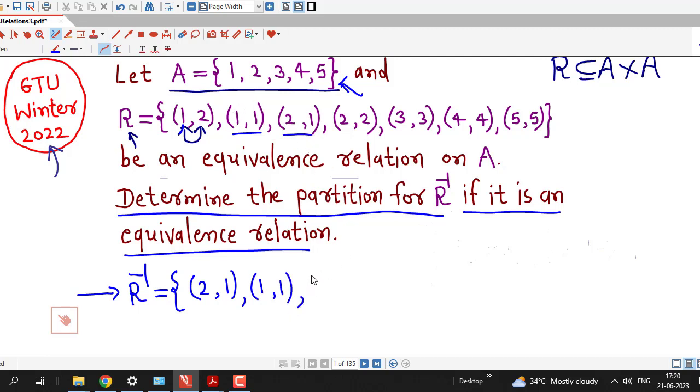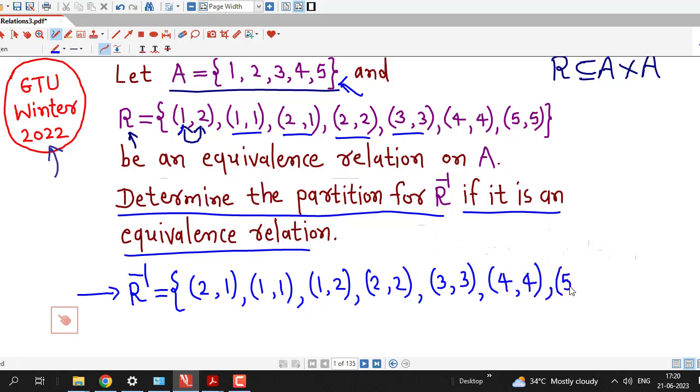Here (2, 1), so we write (1, 2) in R inverse. (2, 2) belongs to R, therefore (2, 2) belongs to R inverse. Then (3, 3) and the rest are all diagonal elements, so if we change the order of components, we will obtain the same pair because these two are equal. This is the inverse relation for the given relation R.